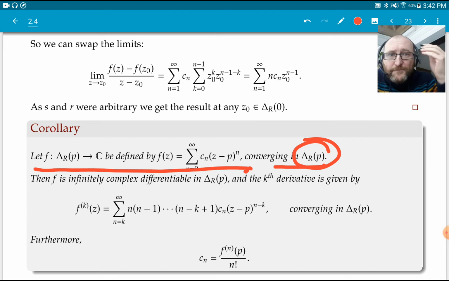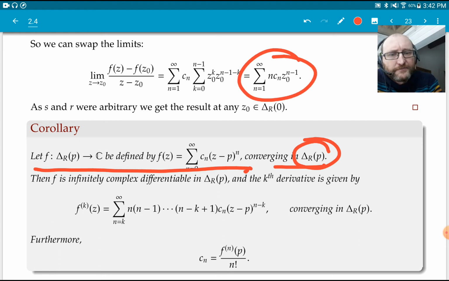Notice that the derivative was again a power series. You can reindex this to make it start from n equals 0. So that's a power series, and it again converges, so you can keep going.